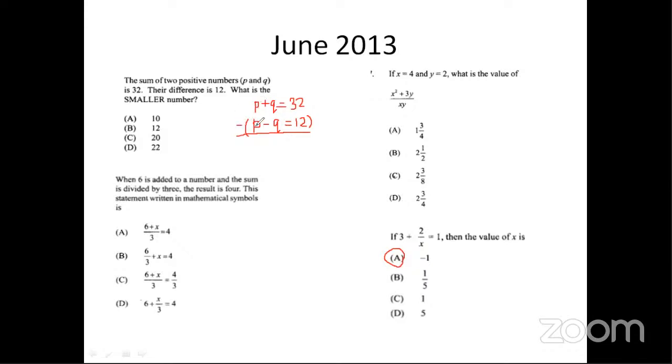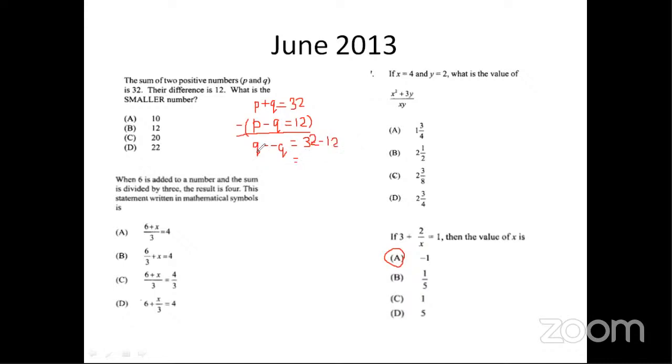So P minus P gives us the 0. You notice I put a bracket around this because this minus sign is going to be used for everything that is here. So now we have Q minus Q, and I'll write that, a positive Q minus Q, equal to 32, just like when you're doing regular subtractions, 32 minus 12.